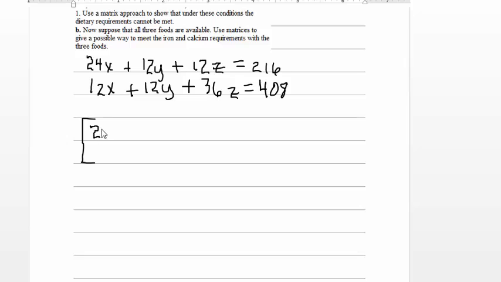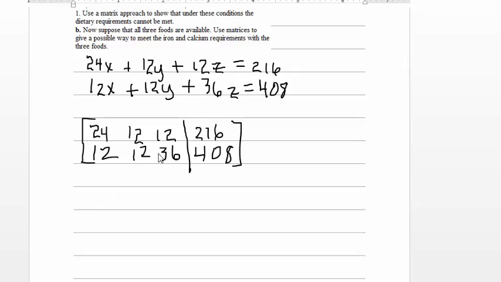So now I have 3 variables and only 2 equations. Here's my augmented matrix that represents this system.